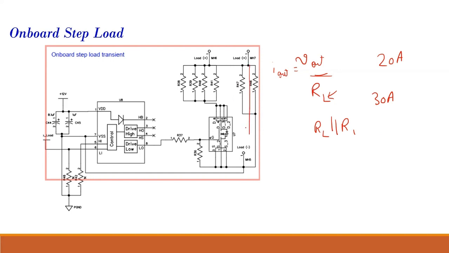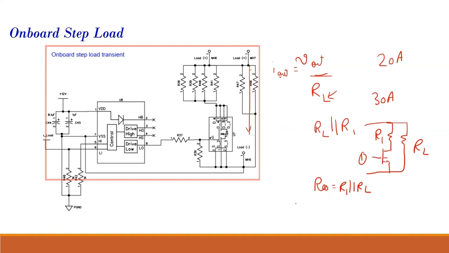There's a fixed resistance RL over here, and then there's a MOSFET, and then there's a resistor. So the circuit is like this. This is my RL, this is my R1. When this signal is 1, the effective resistance is R1 parallel RL.